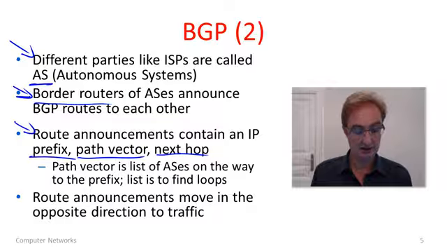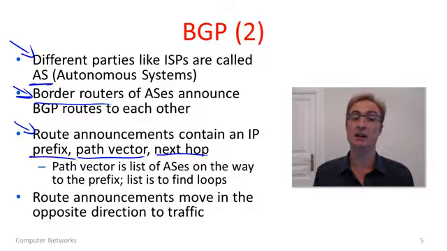Now, the reason that you actually carry the list of ASs, like the whole path, rather than the distance: if you compare to a distance vector protocol, in a distance vector protocol you'd be sending a prefix or a destination, a next hop, which way to go maybe, and a distance metric to decide which way is best. In BGP we don't send this distance metric, we just send the whole path as a list of ASs.